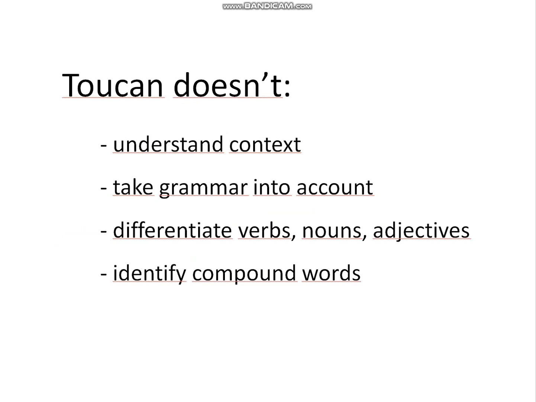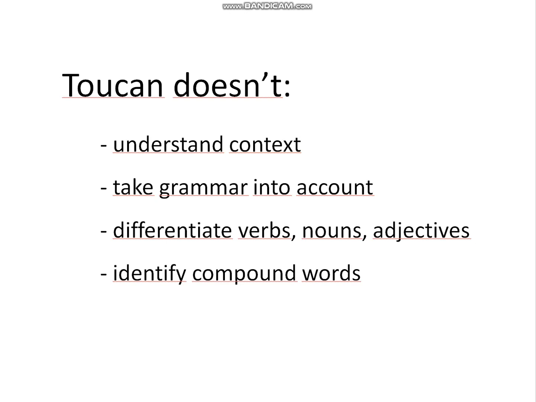So Toucan doesn't understand context, doesn't do grammar very well, doesn't really identify the grammar aspects of the sentence, and thus it doesn't differentiate between the verbs and nouns and adjective versions of the same words, and it doesn't identify compound words.